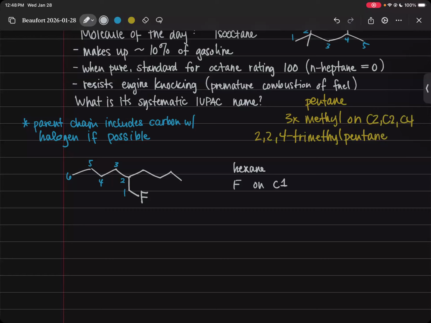And then we've got what kind of chain on carbon 2? Ethyl would be a chain that is 2 carbons long. But this chain is 1, 2, 3, 4 carbons long. So that is butyl.